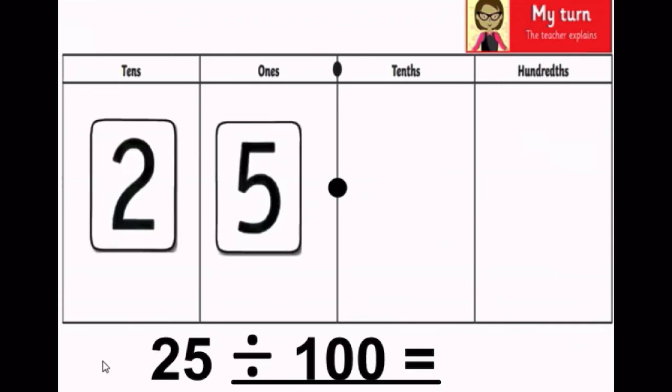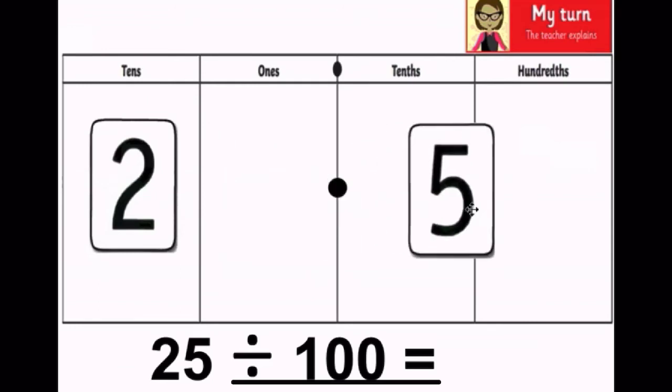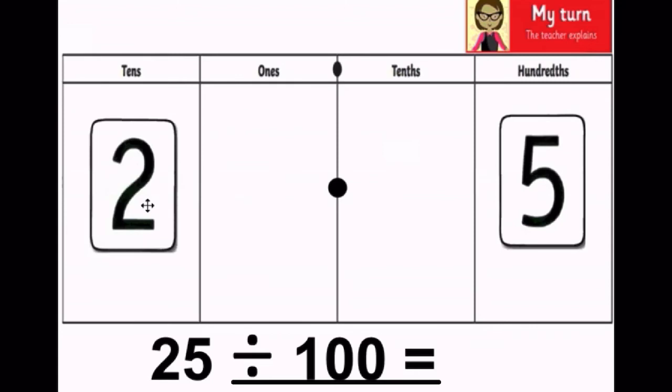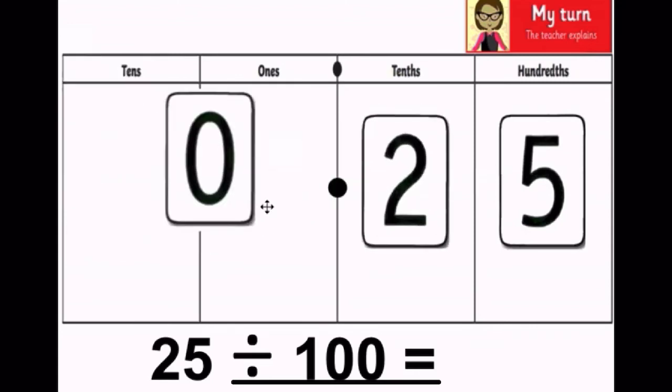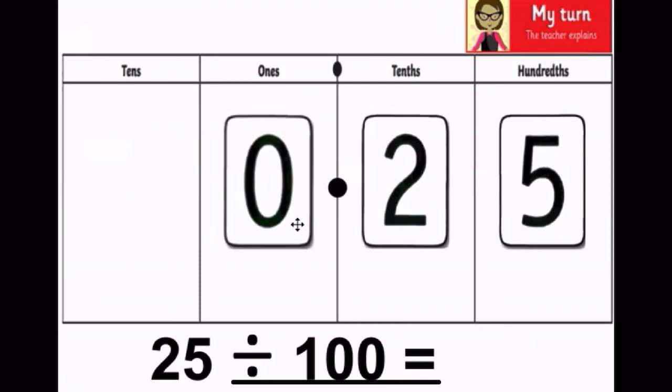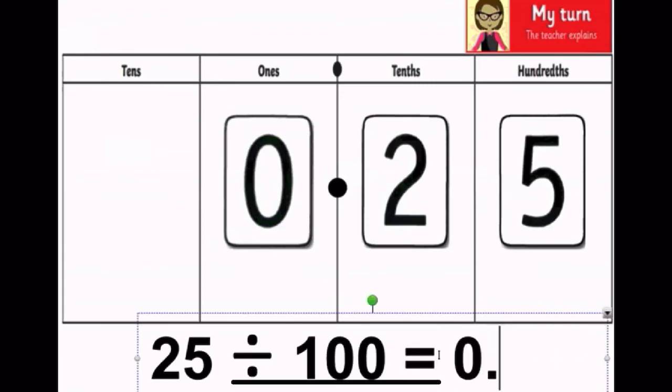Let's have a look at another one. So we're going to look at 25 divided by 100. And again, we're going to move each digit 2 places to the right. And we're going to add in a 0 here to show that we don't have any ones in the ones column. So now, using my digit cards, I've been able to make my answer.